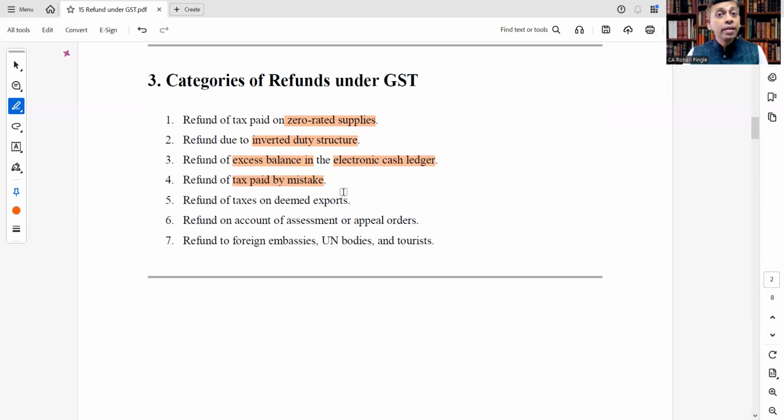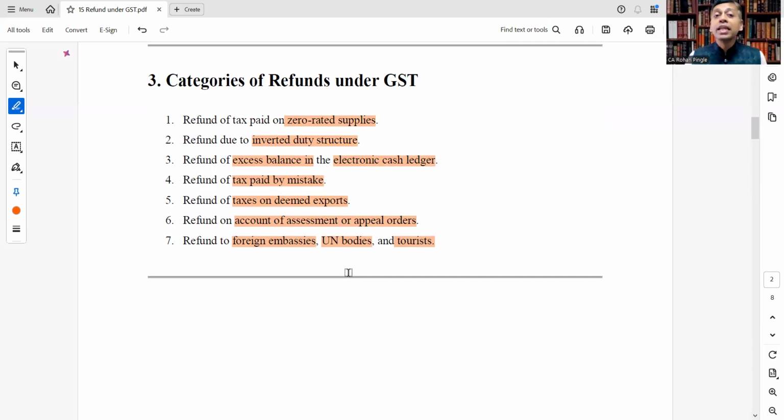Refund of tax paid by mistake, refund of taxes on deemed exports, refund on account of assessment or appeals order, and refund to foreign embassies, UN bodies, and tourists. So these are the categories of refunds under GST.